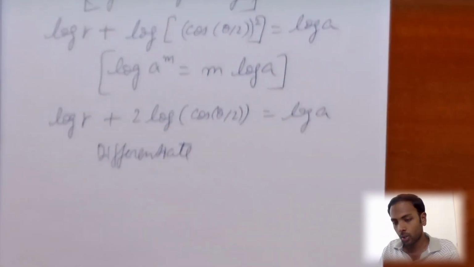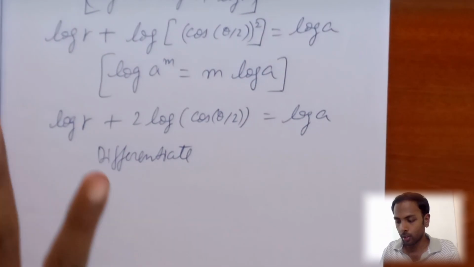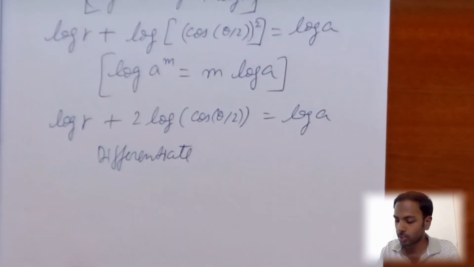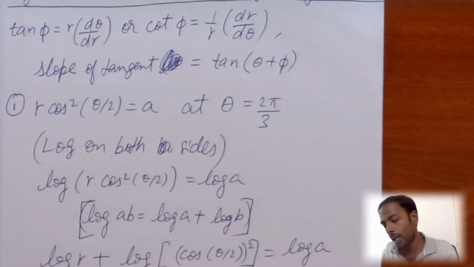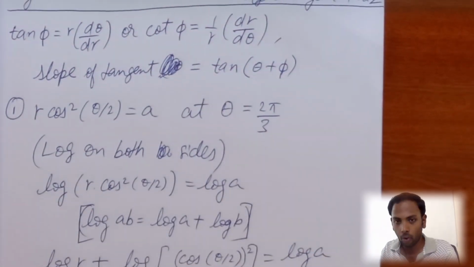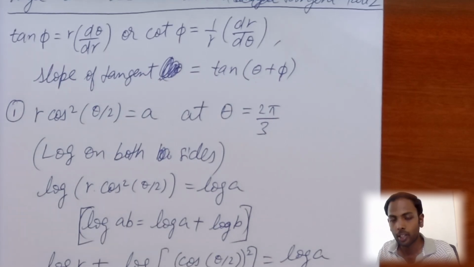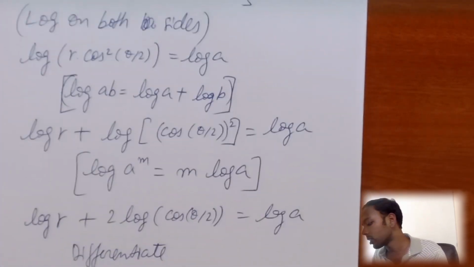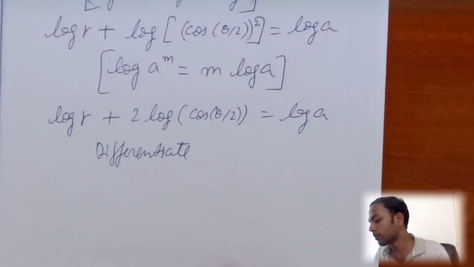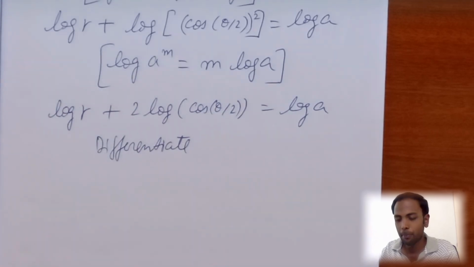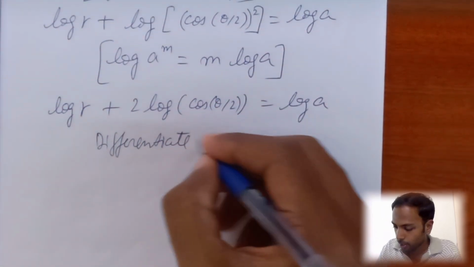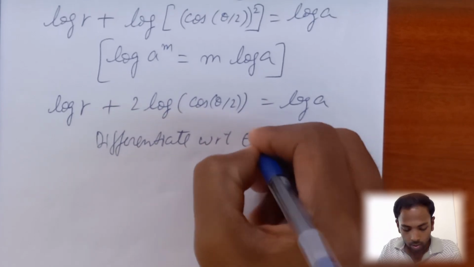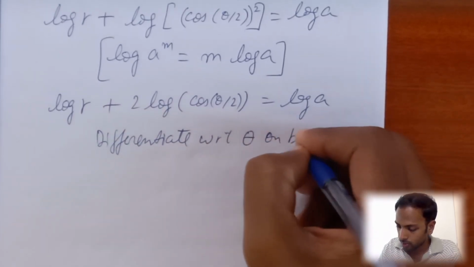This is the procedure to solve this kind of questions, where you find the angle between the radius and the tangent. Again, a reminder: always start the question by taking log on both sides, and try to simplify by applying a logarithm formula or a trigonometric formula. After you reach a state where you feel it's simplified completely or pretty simplified, you have to differentiate it with respect to theta on both sides.